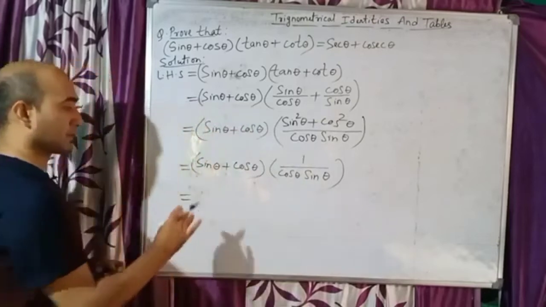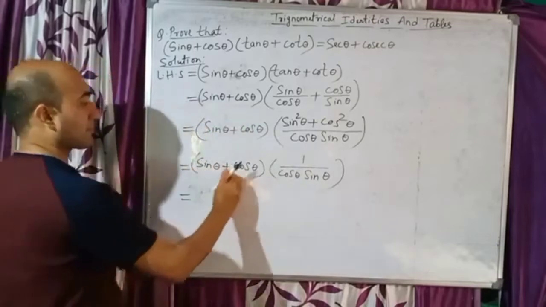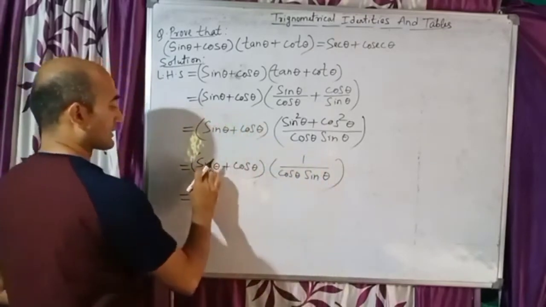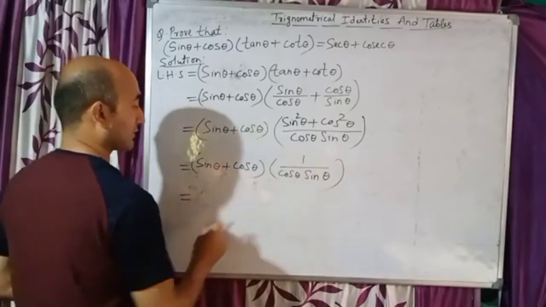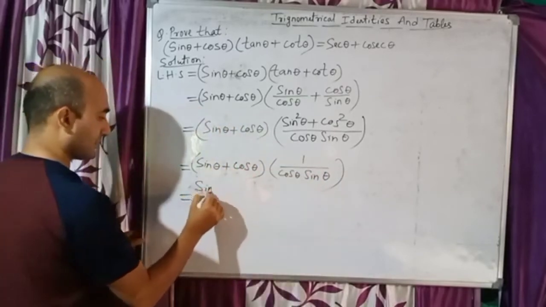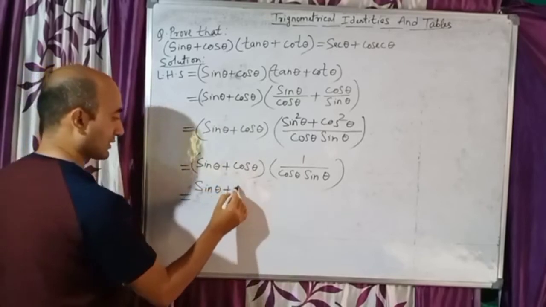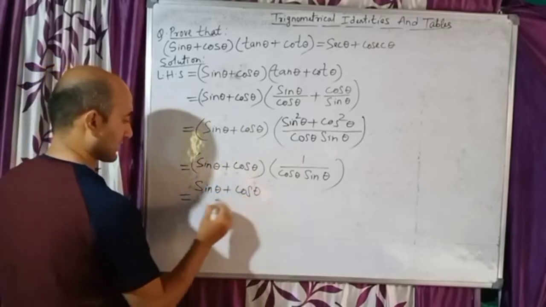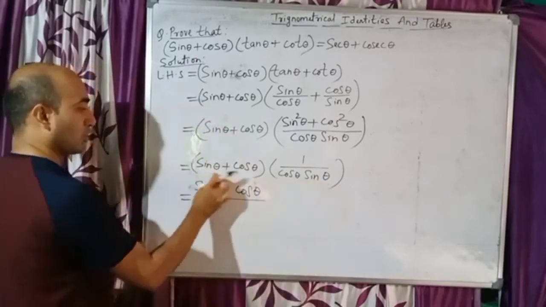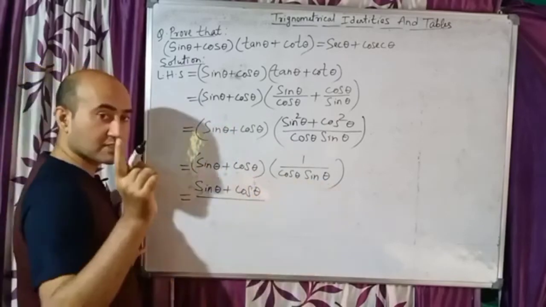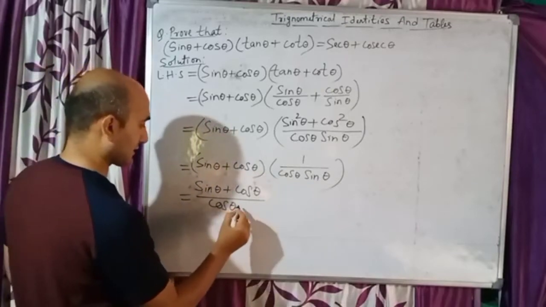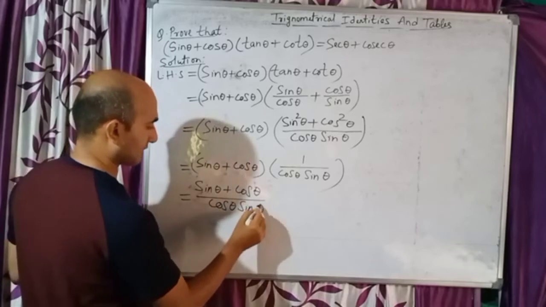Now you can multiply the upper part with the upper number and the lower part with the lower number. Here sine theta plus cos theta multiplies with 1 and stays the same, sine theta plus cos theta, and the lower part multiplies with nothing, that means 1, so it is also the same, cos theta sine theta.